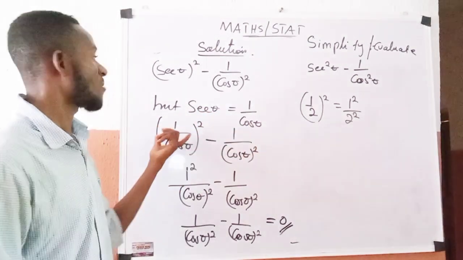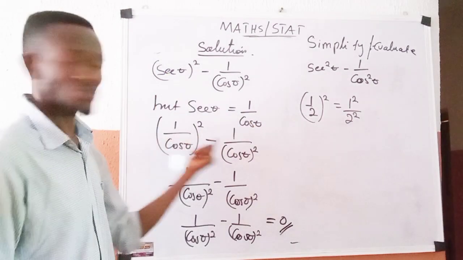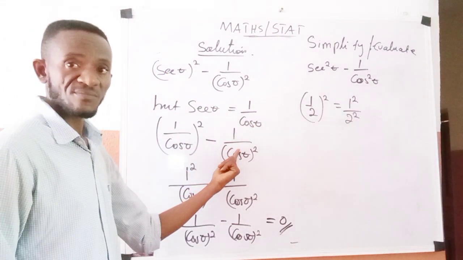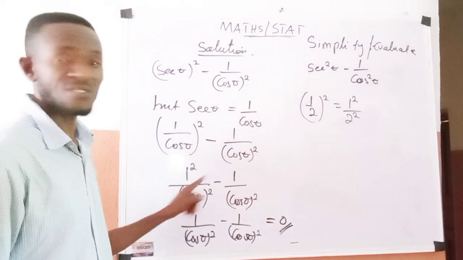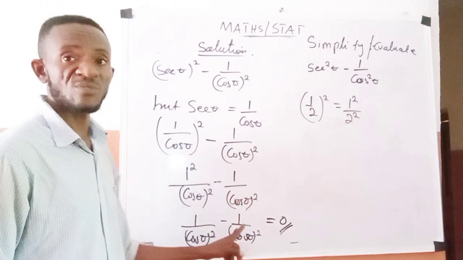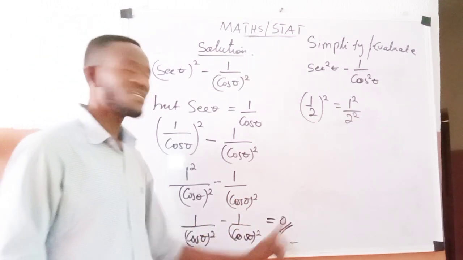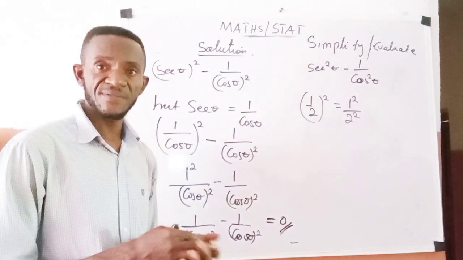Then you now come over here. Now instead of writing sec theta, you put 1 over cos theta, which is this, subtracted by that. Then of course, squaring the numerator and squaring the denominator, we arrive at this minus what we have here. And when they are subtracted, it returns 0. So the answer to that is 0.